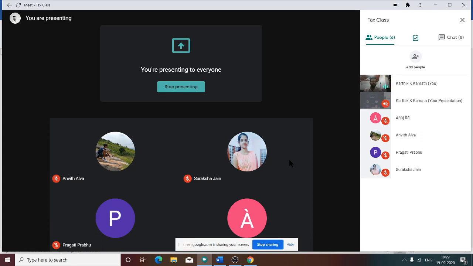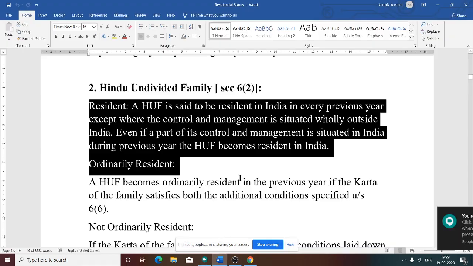In all other cases, for example, suppose part of the management is in India and part in some other country, in that case whether HUF is a resident? Yes, resident. Only when entire control is outside India is the HUF non-resident. In all other cases, partly or fully in India, HUF is a resident.